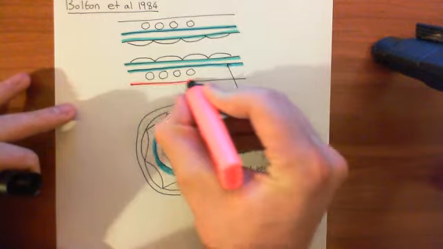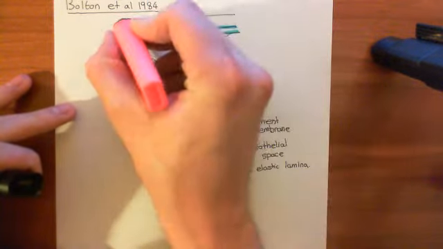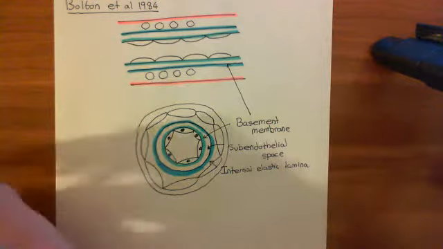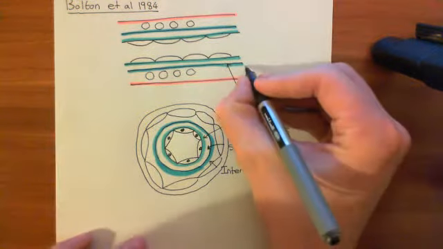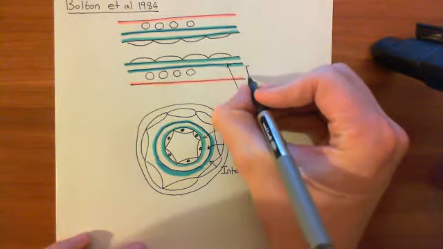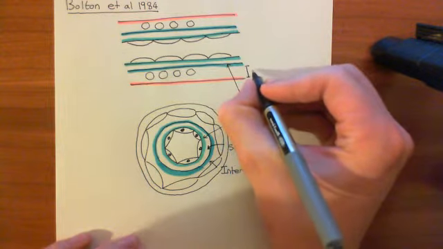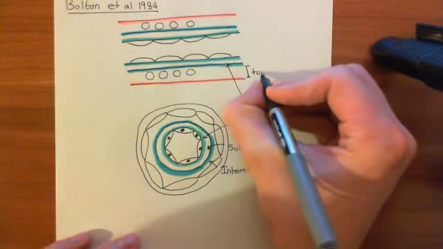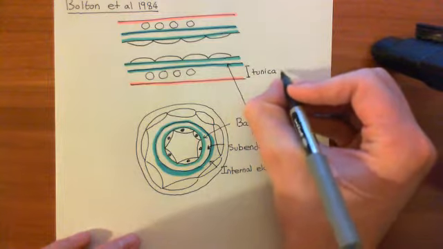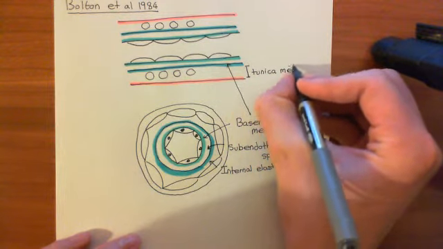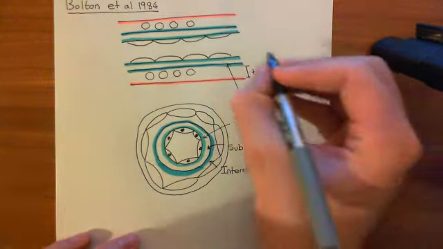So in red, this is the external elastic lamina surrounding the layer of smooth muscle cells. And basically, the layer of smooth muscle cells up to the external elastic lamina, this is known as tunica media. Tunica means layer, media means middle, so it's the middle layer.